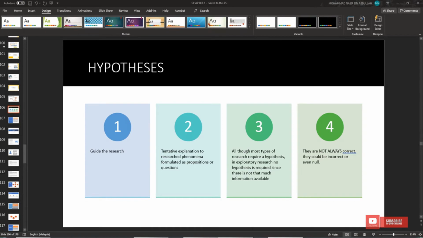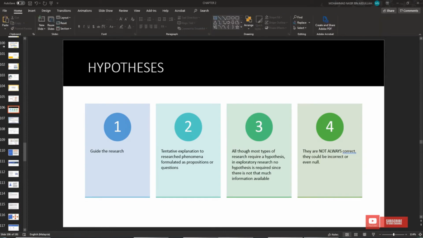Because we are doing exploratory research, we do not know much about the criteria. We try to explore more on that situation or problem. So hypotheses are not always correct. They could be incorrect, even not null.